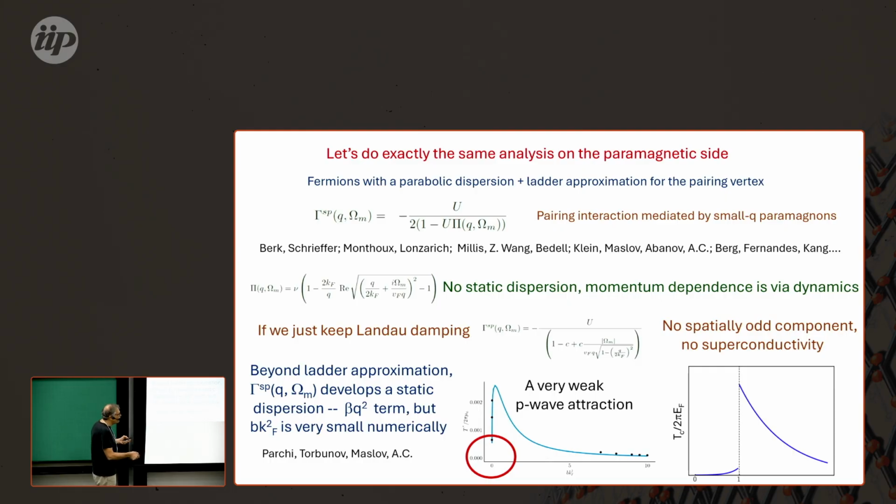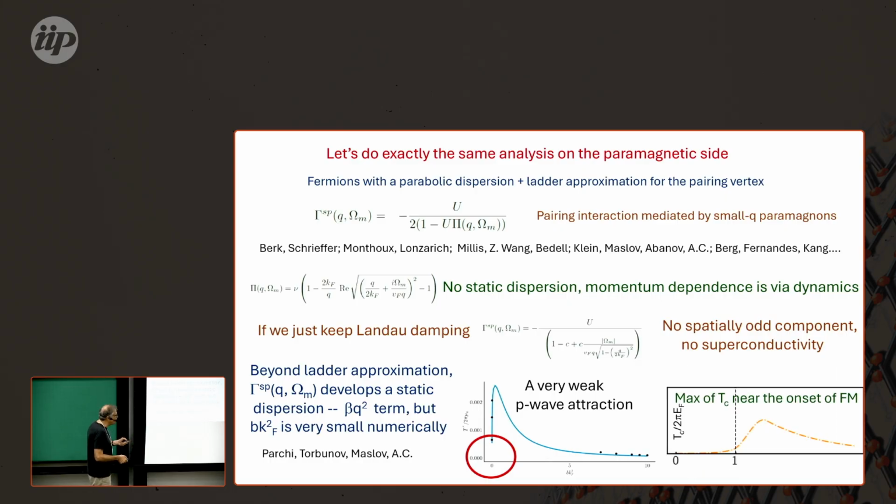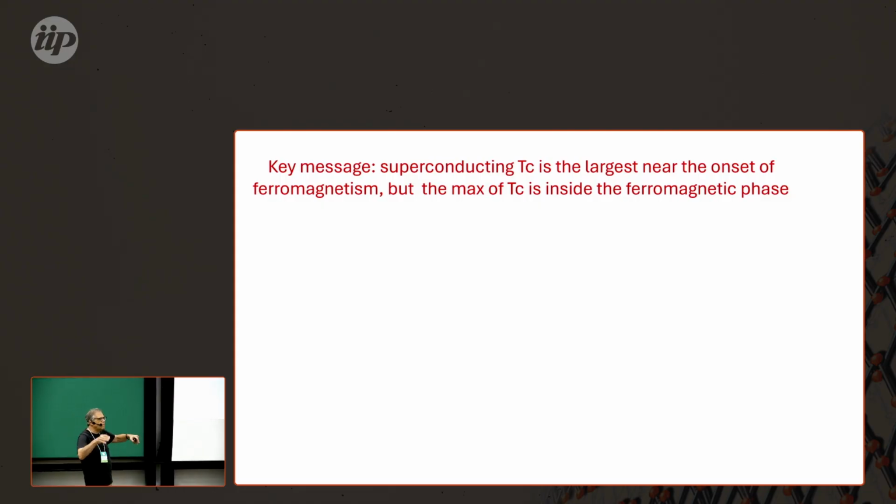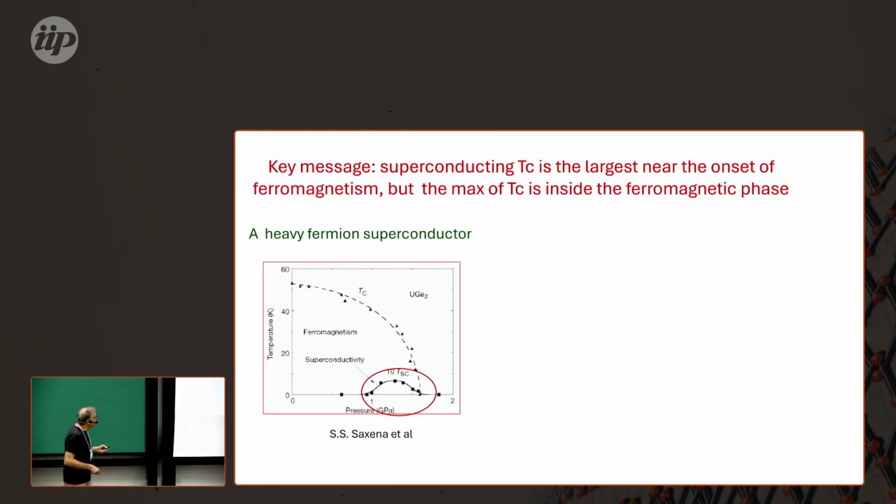And of course, I did this part and this part separately. If you do it more realistically, you should get something like this. The message here is that you do get superconductivity, which is peaked inside the ferromagnetic phase, but close to the boundary. And of course, I want to make a connection to heavy fermion superconductors, with the understanding that this is not exactly a two-dimensional system, but still something comes out here.